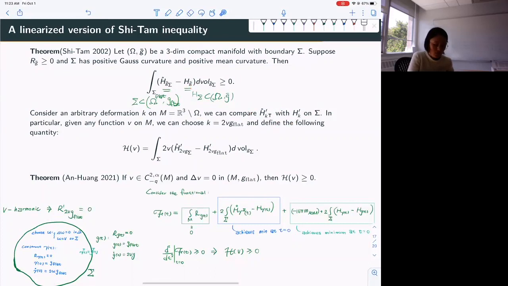So we take the subtraction and want to construct a similar quantity which must be non-negative.